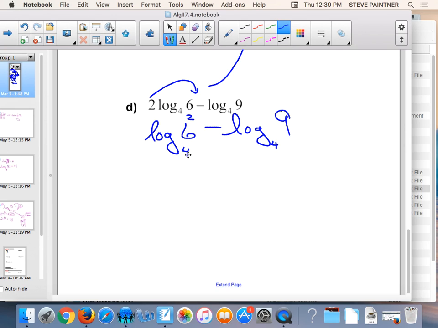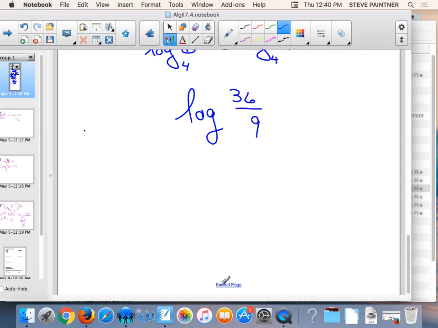And we know 6 squared is what? 36. So this 2 logs with subtraction is going to end up being 1 log with what operation? Division. On top goes 36, and then 9, which you can simplify to log of 4. Uh-oh, forgot my base. Base 4. There's your single log.